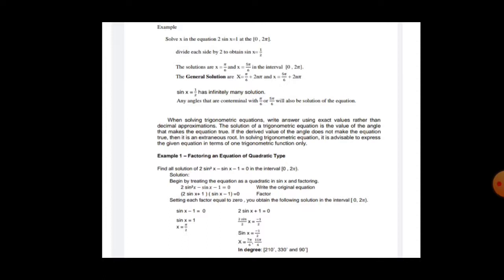Sine x minus 1 is equal to 0. 2 sine x plus 1 is equal to 0. Sine x is equal to 1. 2 sine x is equal to negative 1 over 2. x is equal to pi over 2.